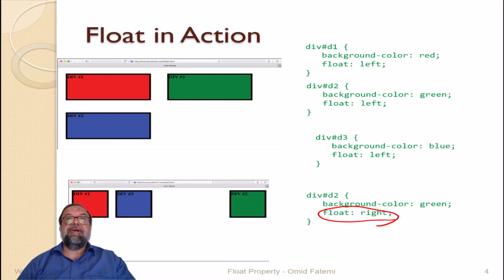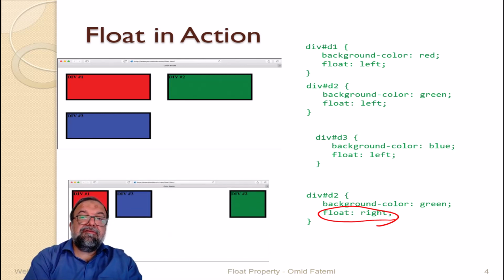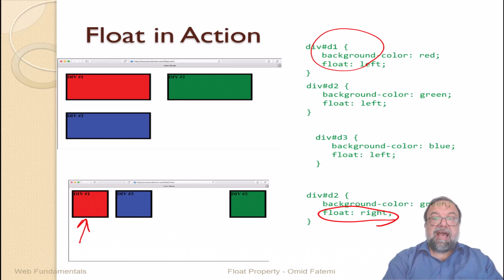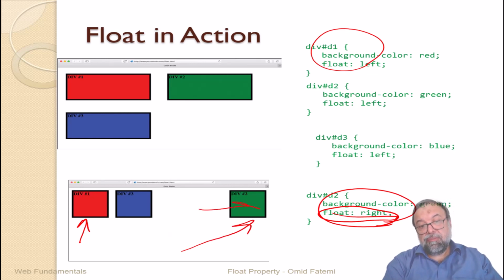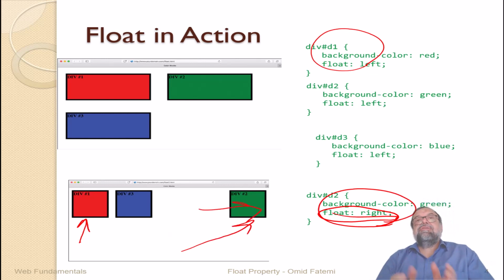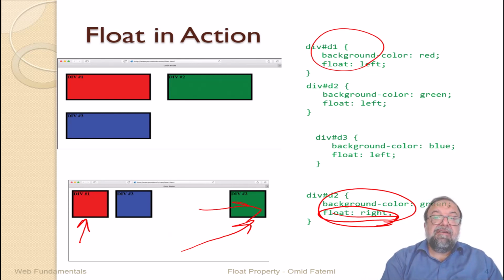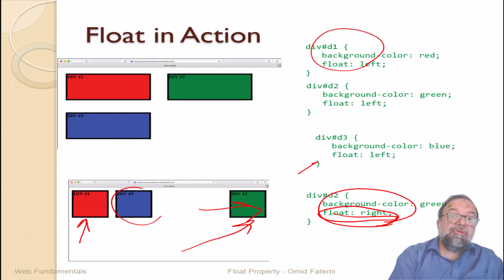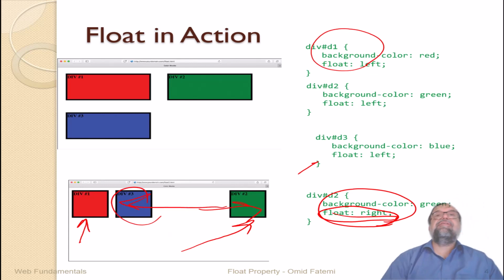Div number 1 has float left, so it comes here. Then we have div number 2, which says float right, so the green box is going to go to the right side of the display area. And then we have div number 3, which is float left again, so this is going to go to the left side.